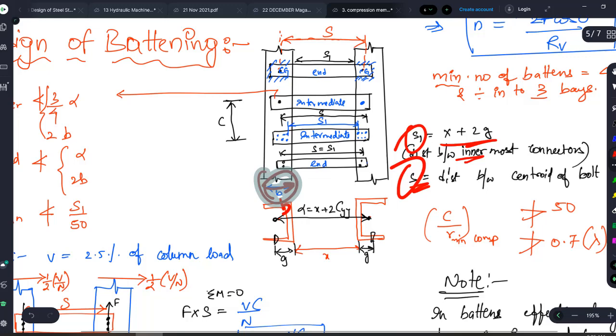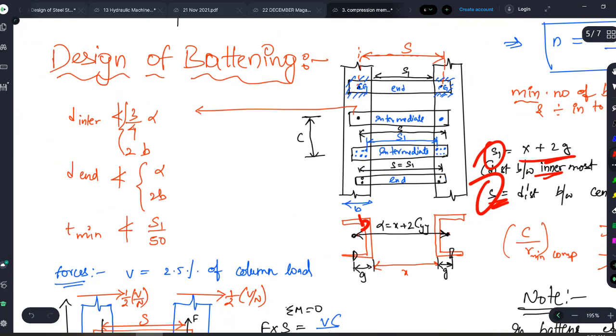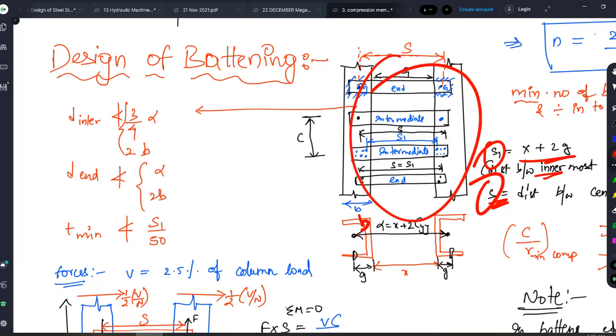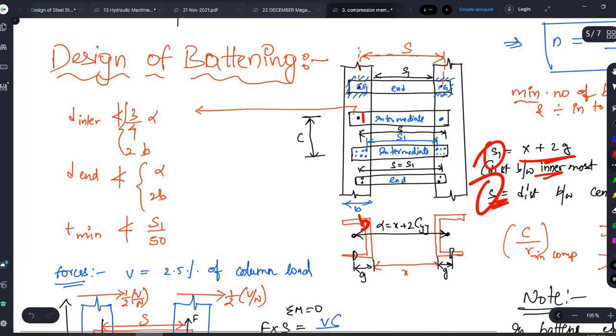So there are certain specifications which you should always remember. The first specification is minimum 4 number of battens should be used, and minimum bolts are 3. The depth of intermediate battens, not diameter, the depth of intermediate battens, should not be less than 3/4 of alpha or 2b. What is b?